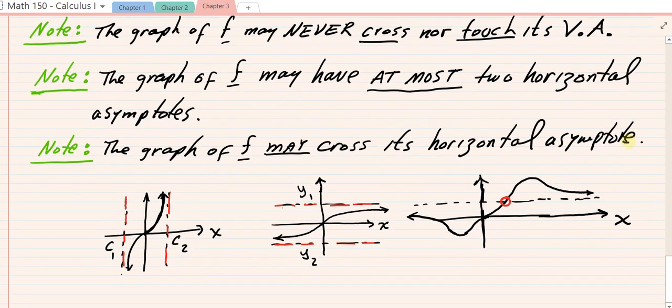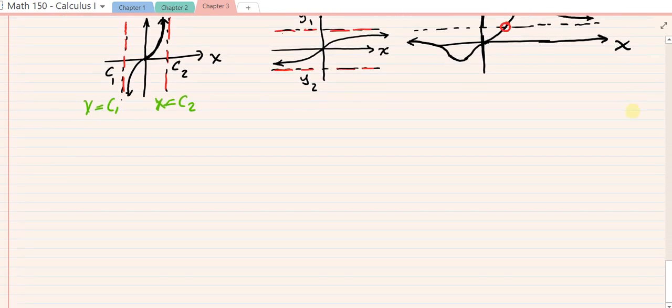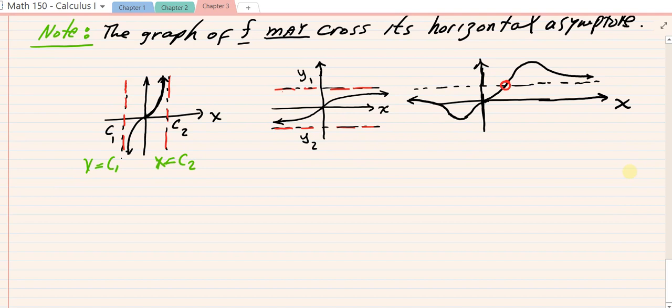And these are the graphs I have for you. So the first case is the fact that we have vertical asymptotes. So this is what we mean to have more than one vertical asymptote. So x equals c1 is a vertical asymptote, and x equals c2 is also a vertical asymptote of the graph, right? Now, in the case of horizontal asymptotes, can I have 2 of them?